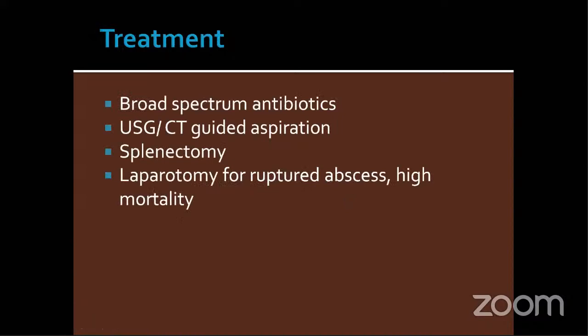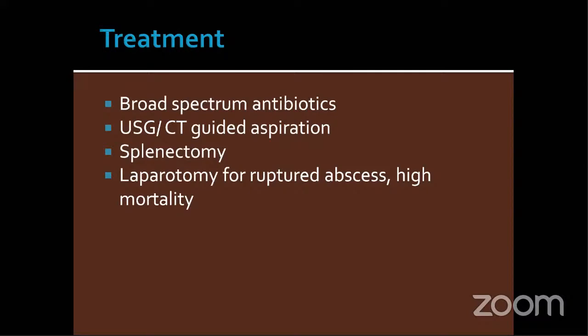What to do? First, broad spectrum antibiotics have to be given. Suppose the abscess is large and slightly peripherally located, you can do USG or CT guided aspiration. Because you don't have multiple pockets, you can easily go ahead with the USG or CT guided aspiration. Splenectomy is indicated in cases of multiple abscesses.